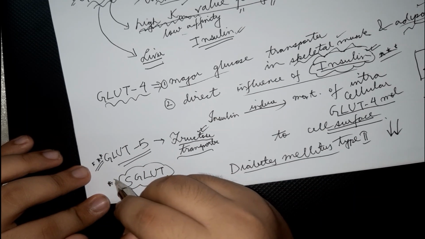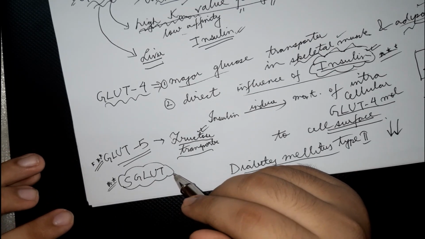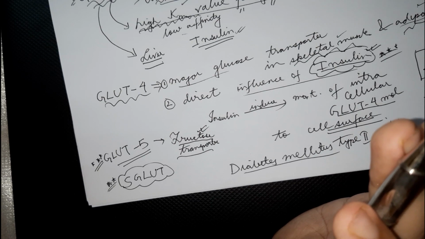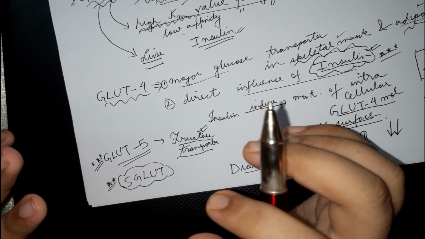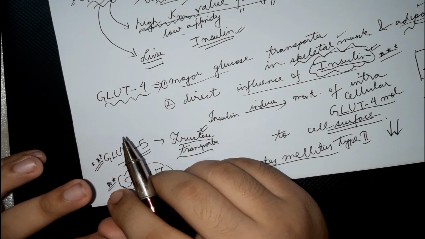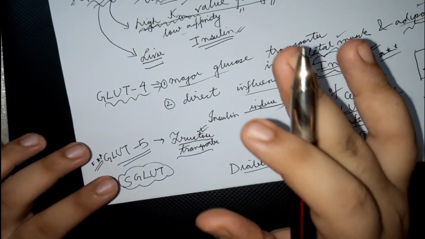So SGLUT not only transports glucose, but it is also used for the transportation of galactose. Same energy dependent process. Done. So with this we finish off with the absorption of glucose.